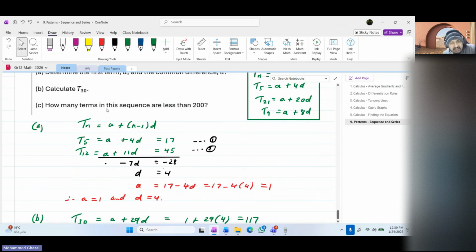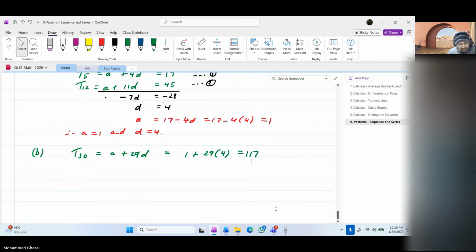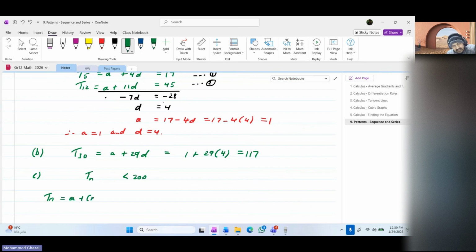All right, next one. C. How many terms in the sequence are less than 200? So Tn must be less than 200. Now you need to find the Tn formula. Tn is equal to A plus (n minus 1) times d.